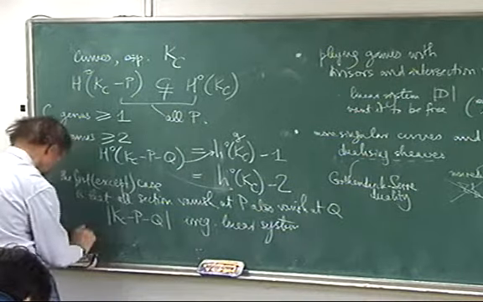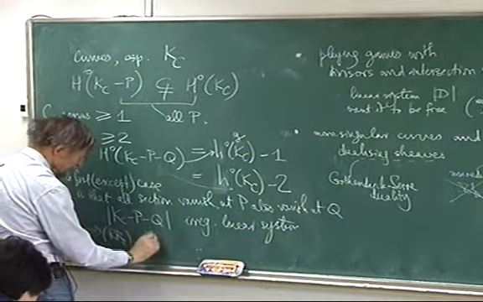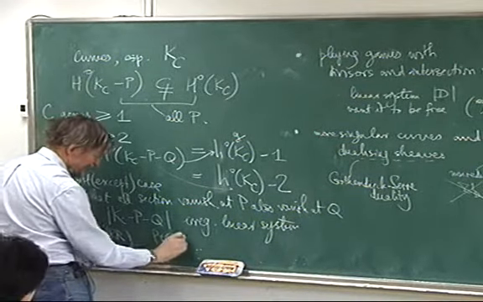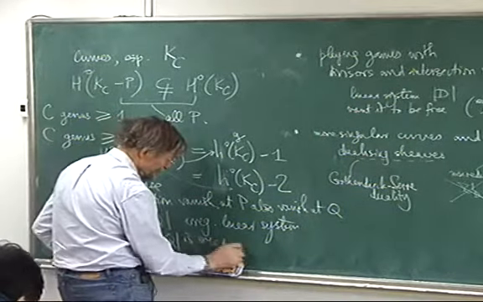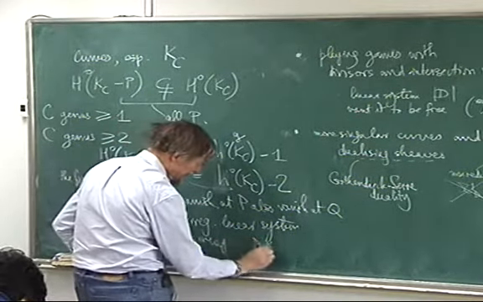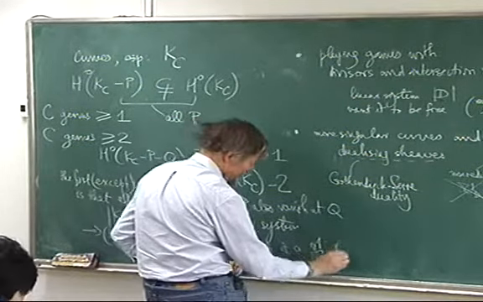Right, and this implies by Riemann-Roch that also P plus Q is irregular. So you do the numbers and you find out that P plus Q is a g^1_2. And this means that C is hyperelliptic.